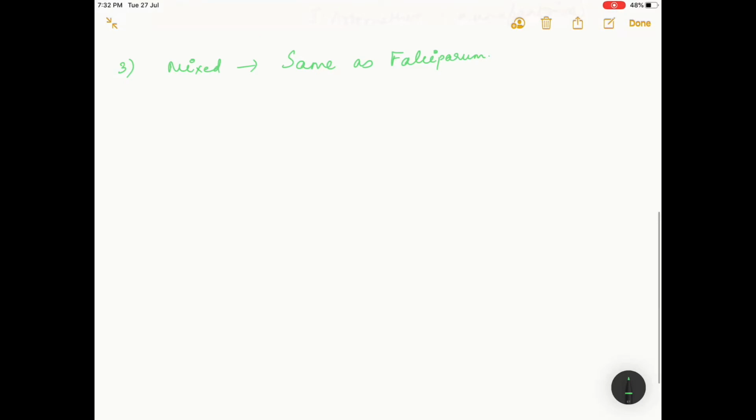But in this case, we need to remember which ACT we should not give. The ACT artesunate plus sulfadoxine-pyrimethamine should not be given. Why? Because sulfadoxine-pyrimethamine combination is not active against vivax malaria.